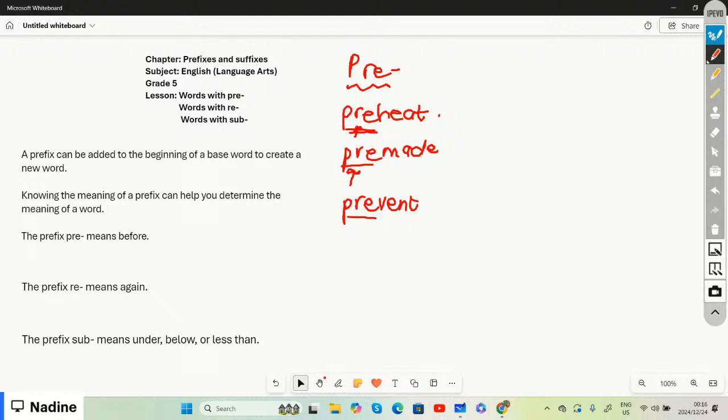So we have prevent. And remember, pre means before.